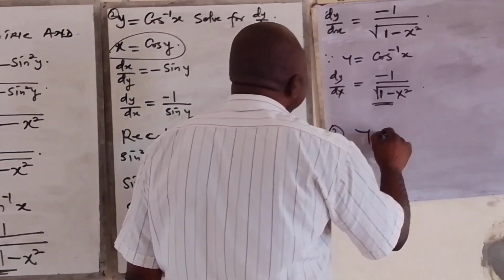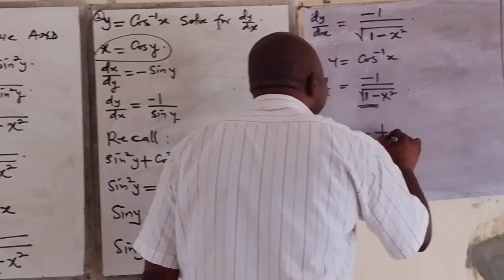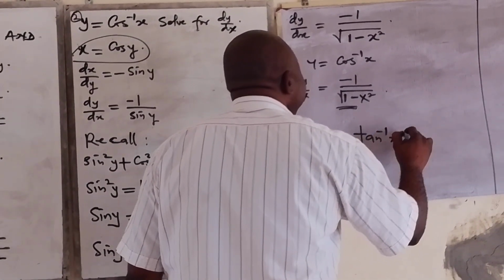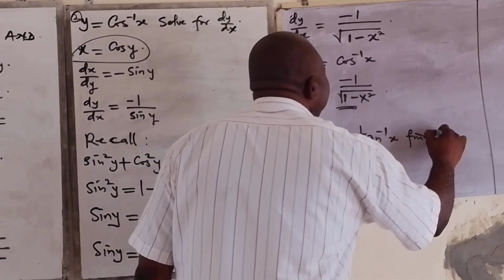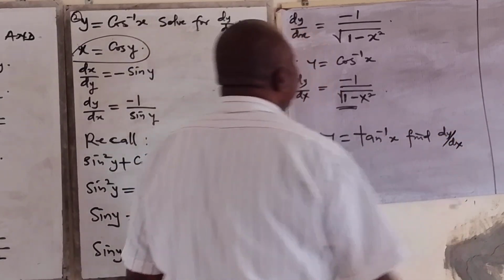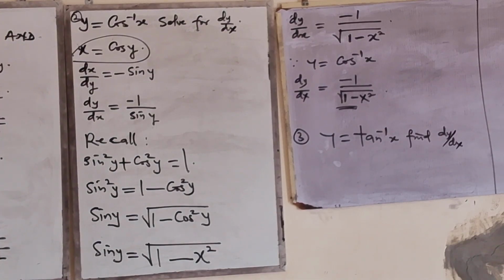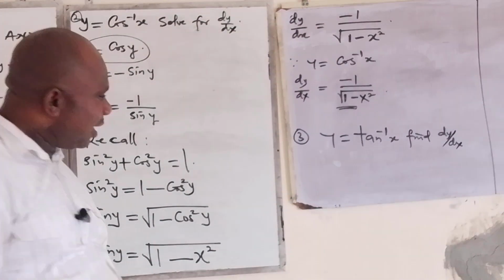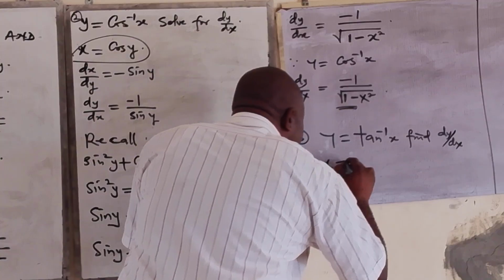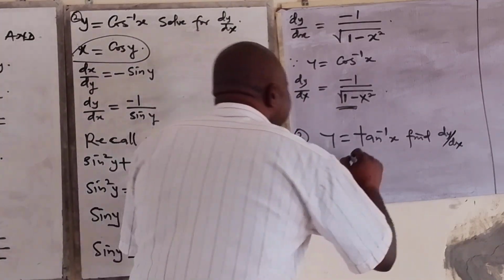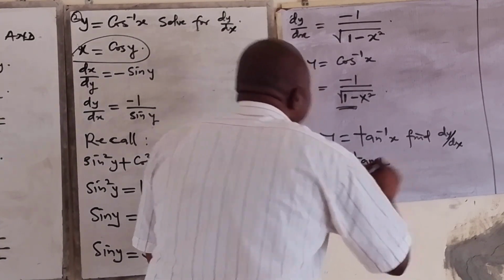Y is equal to tan inverse of x. Find dy/dx, or solve for dy/dx. Now, in this case, the value of x will be equal to tan y.